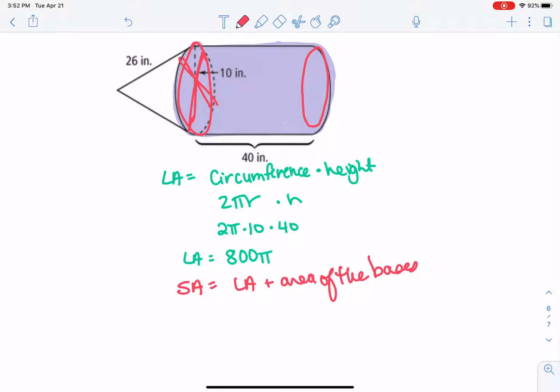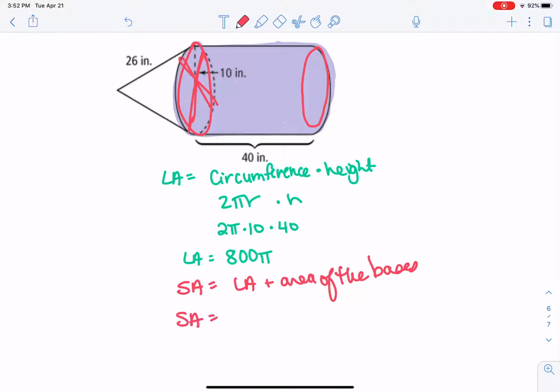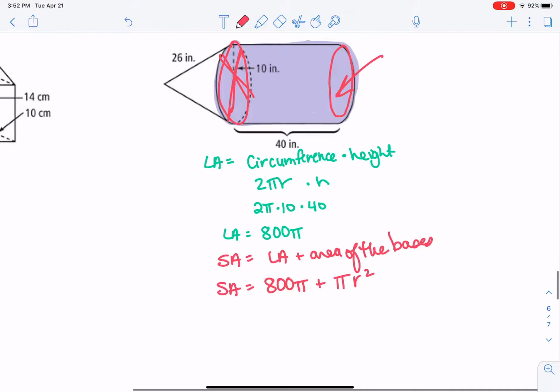So it's really going to only be one in this case, which throws it off a little bit from what you would think. So 800 pi, and then the area of just the one base, we're only using the bottom this time because the top is covered by the cone, would be pi r squared. That radius is 10, so it would be 800 pi plus pi 10 squared.